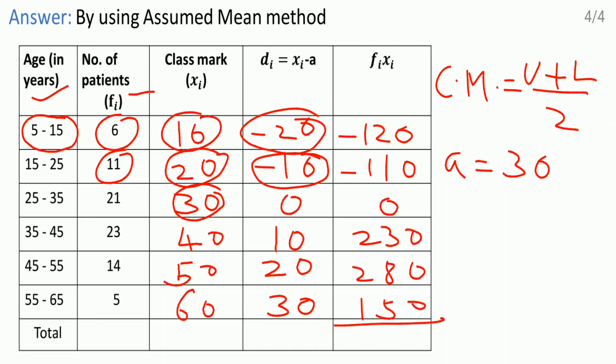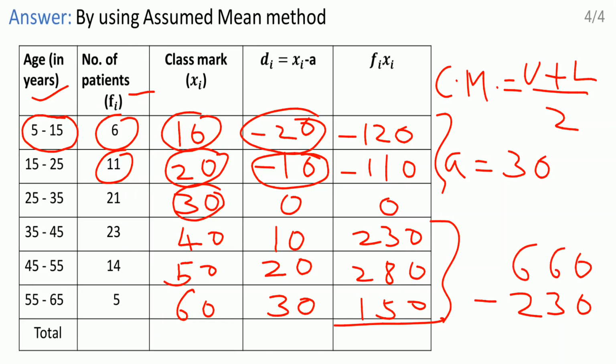We need to add these numbers. The addition of the negative ones comes as minus 230, and the addition of the positive ones comes as 660. So the total addition comes as 430.